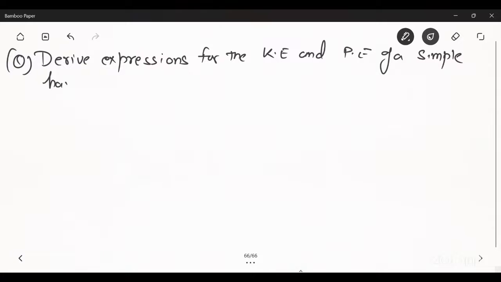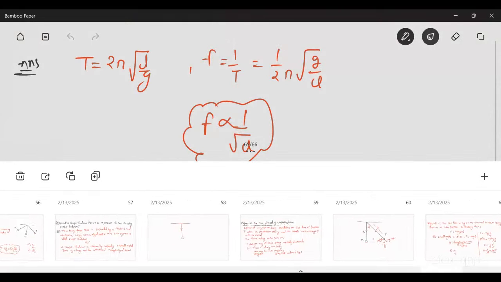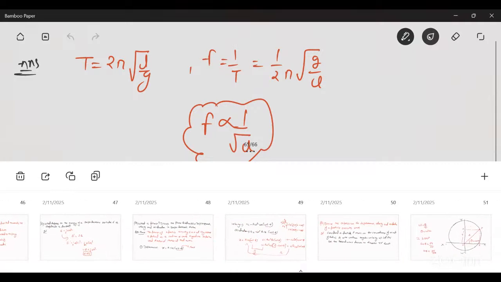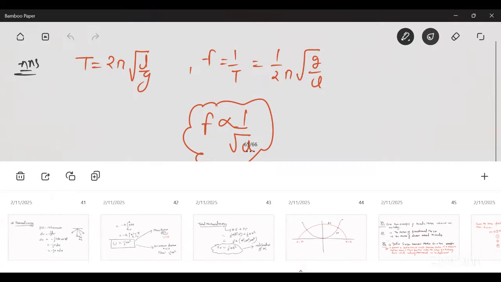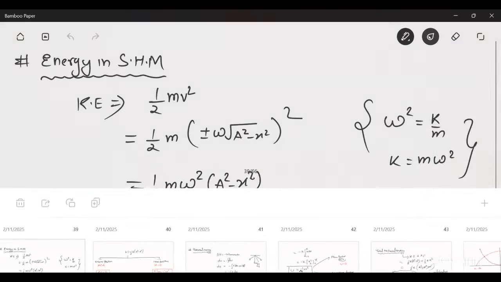I have derived this earlier, the derivation of kinetic energy and potential energy of a simple pendulum. So in previous slides, we have described the derivation of kinetic energy and potential energy.